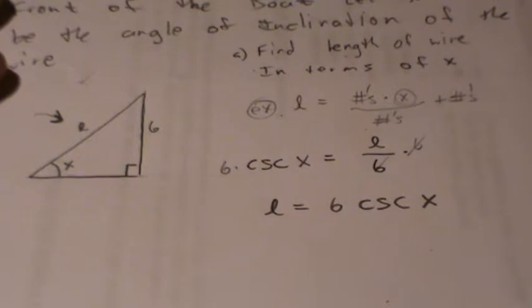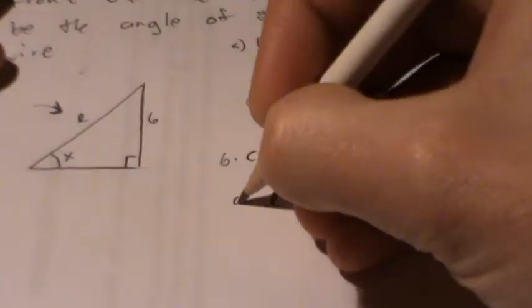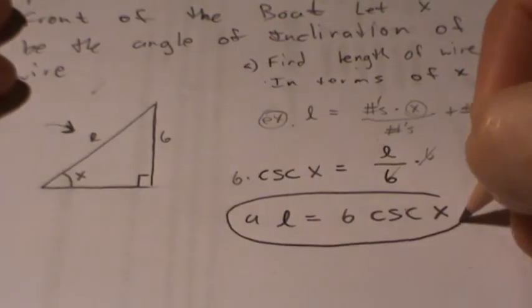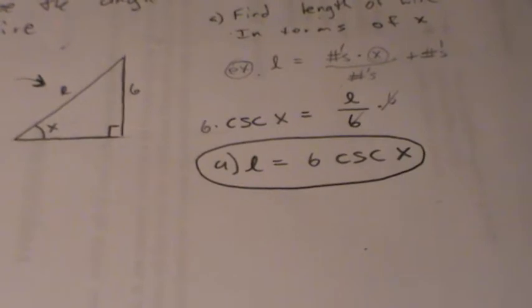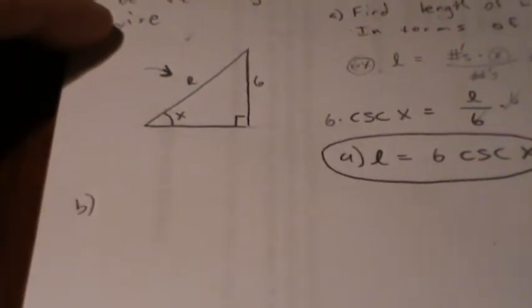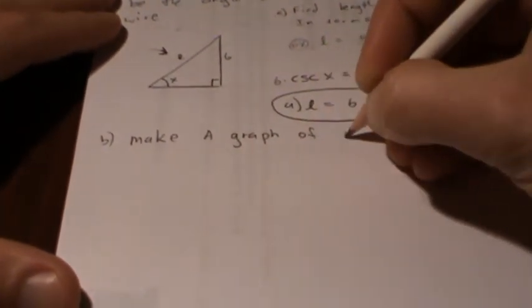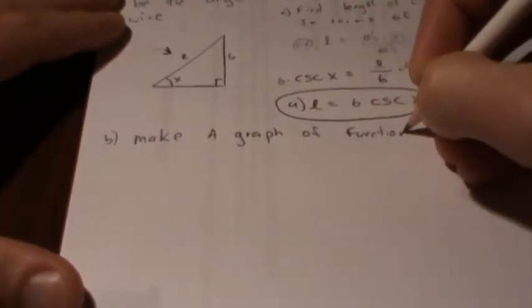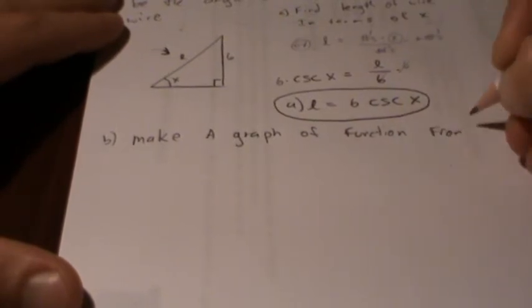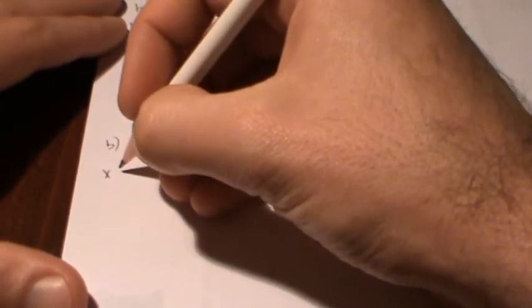Then it says, for part B, this is the answer to part A: make a graph of the function from the domain.